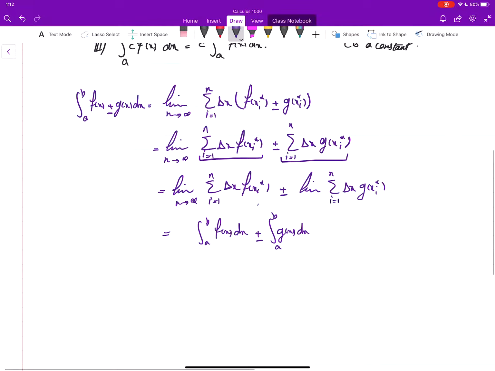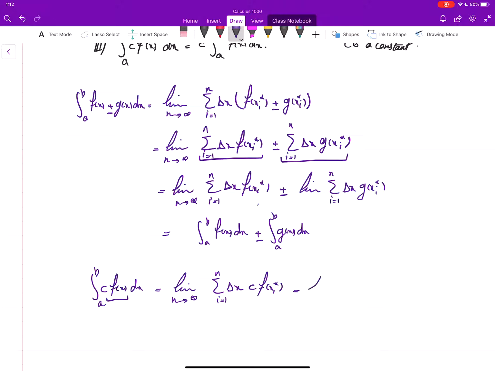How about the constant multiple? Well, this is the same story as we just saw. If c is a constant, this will be the limit of the sum of delta x times c times f of xi star, i going from 1 to n, and n goes to infinity. Since c is constant, it can come out of the sum.